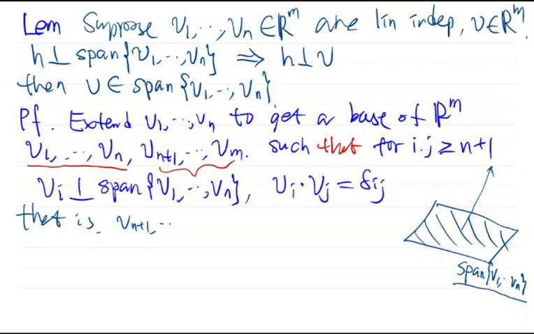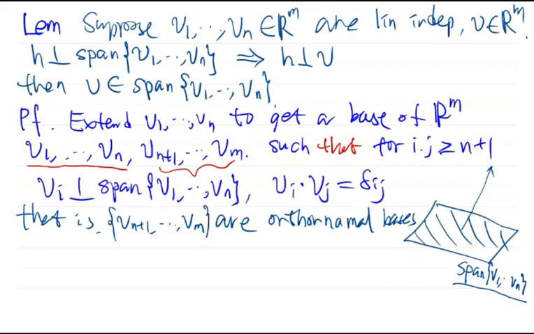Okay, that is to say, Vn+1, ..., Vm are orthonormal. Orthonormal means that their length, their norm, is 1, and they are orthogonal to each other. So this forms an orthonormal basis.